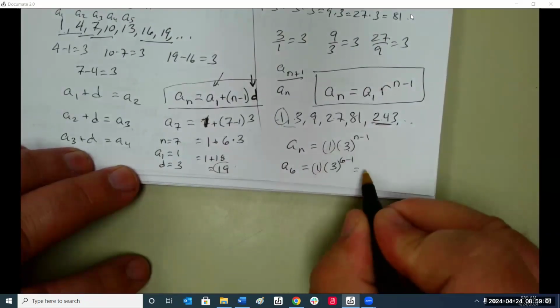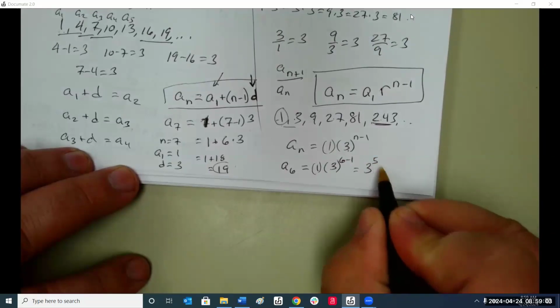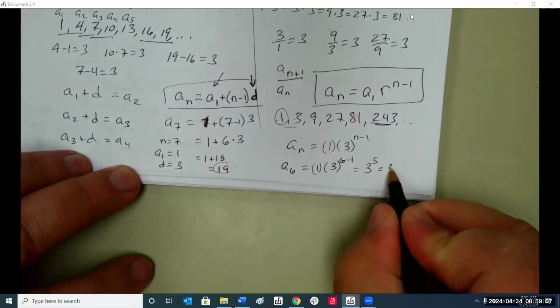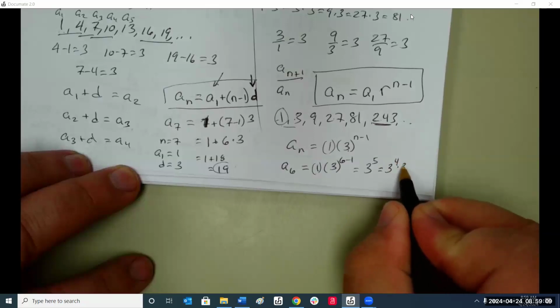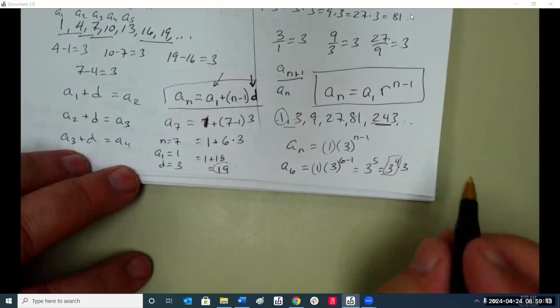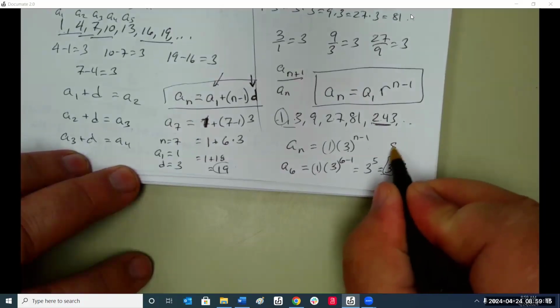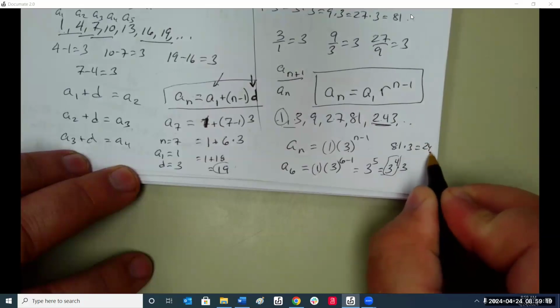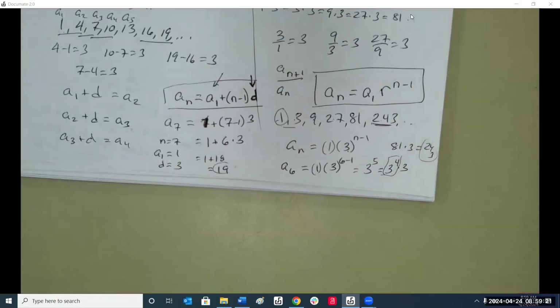So it's 1 is 1. So it's 3 to the 5th. 3 to the 4th is same as 9 times 9. That's 81. 81 times 3 is 243. So it works.